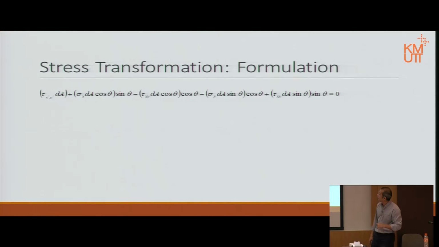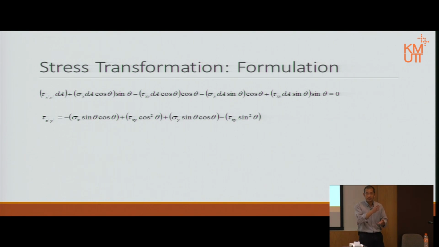Moving the equation onto the top, the long equation again. In this equation every single term has dA again, so we eliminate dA because dA is not 0. You can use dA to divide the whole equation, and leave sigma y prime, tau x prime y prime on the left hand side, and move the other things onto the right. Now again, we start to regroup them.